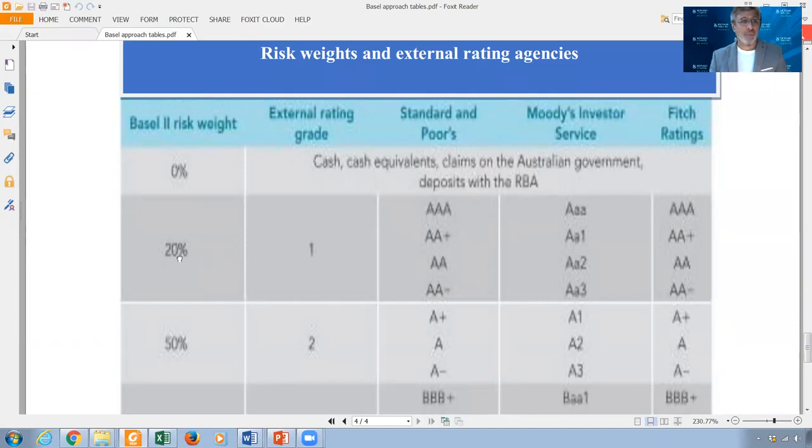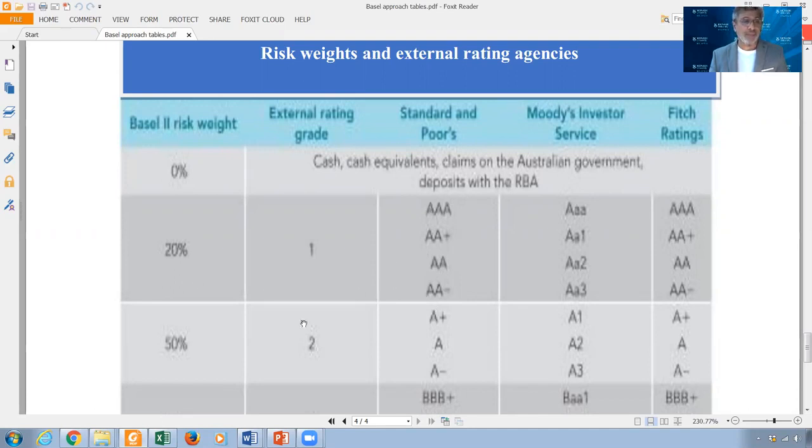So anything which is cash, cash equivalent, claims on the Australian government, which is all those government securities, is 0 weight. See? So if I have such assets, I don't have risk on that as a credit risk. Remember, as a credit risk. So it's 0. But if it is from AAA to A-, I will not give you a number, I will give you the rating from the rating agencies.